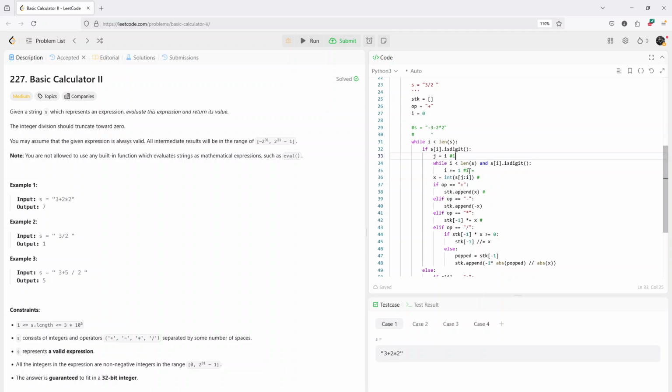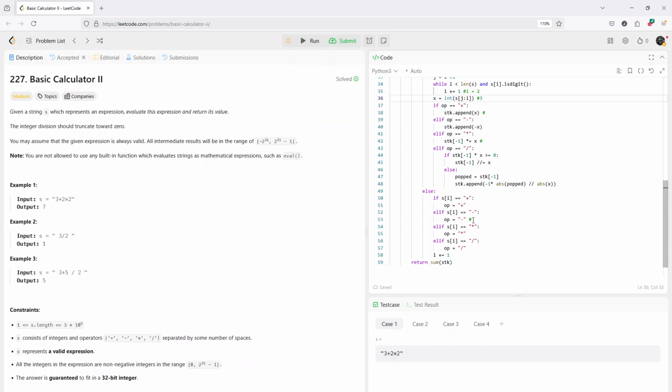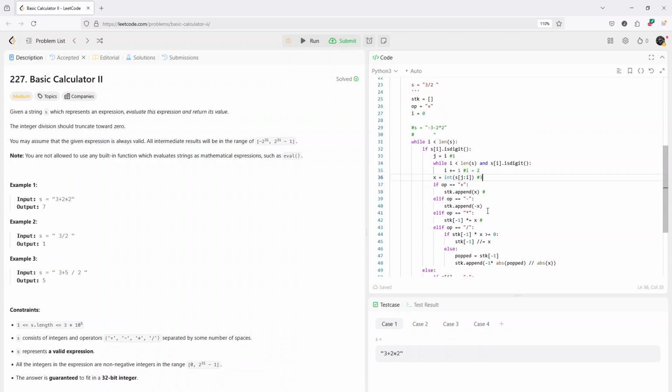I is the 3, so now I goes to here. That's not a digit, so done with I equals 2. So 1 to 2, so x is just the 3. The operator was the minus sign, so we go here. So we're going to do minus 3.